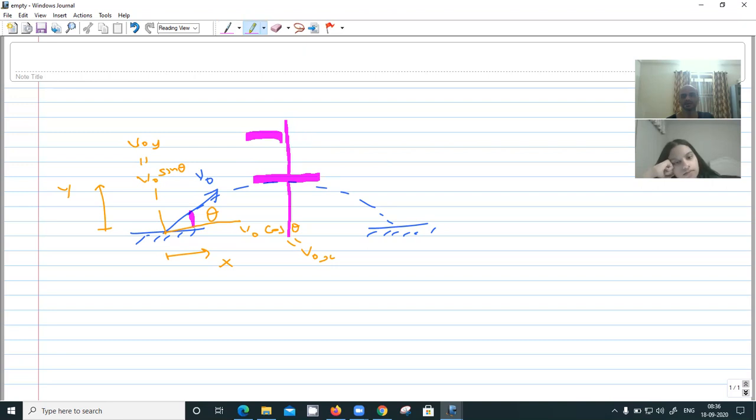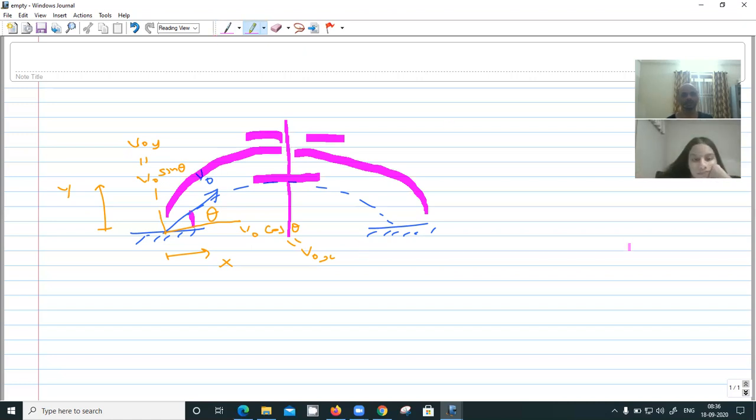Yes. So that's why it's called symmetric launch. Because from the highest point, the middle point, whatever time it takes to go from here to here is the same as the time to go from here to here. But in an asymmetric launch, the time is different. Yeah, I'll come to that. Let's finish this one.